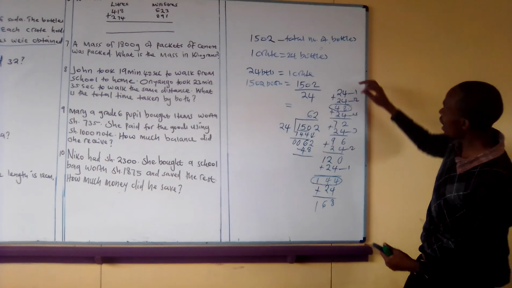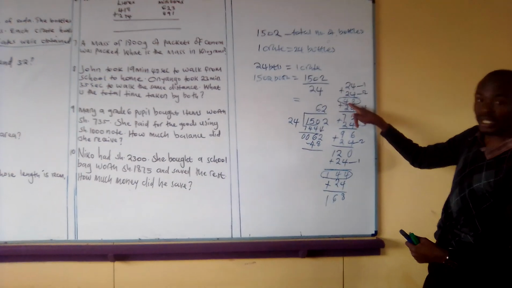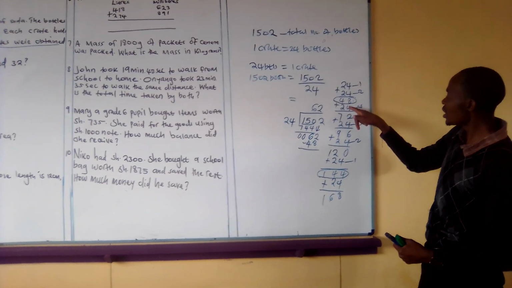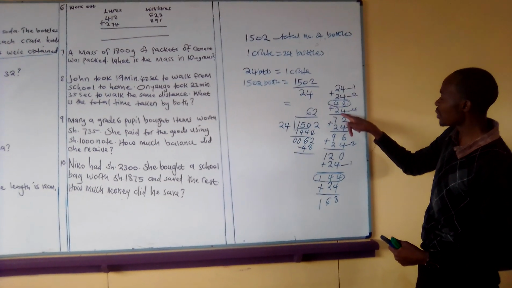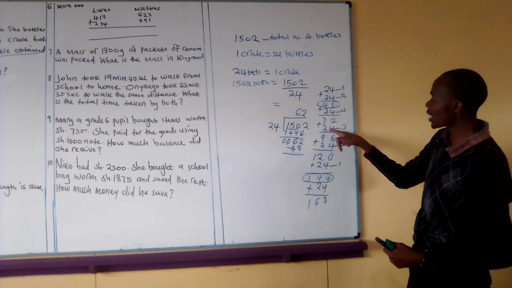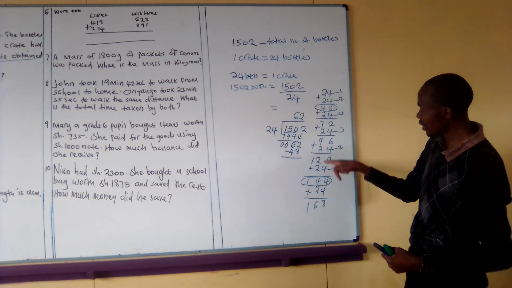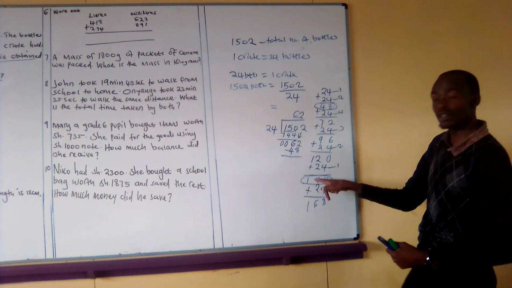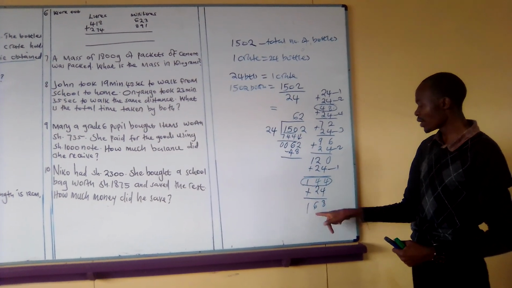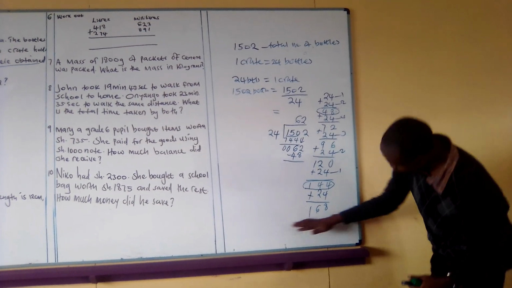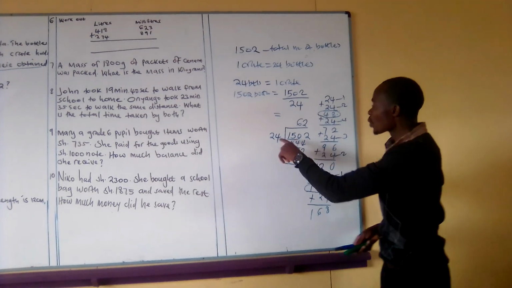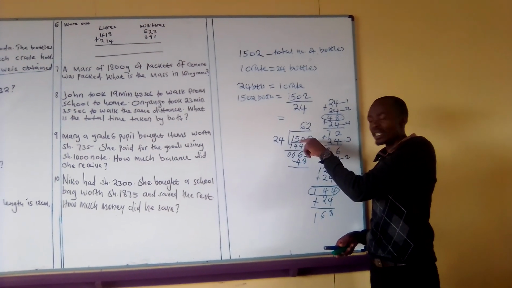And therefore, we have added 24 plus 24 to get 48. And then 48 plus 24, 72, plus 24, 96, plus 24, 120, plus 24, 144, plus 24, 168. We stopped there because 24 cannot go into 15.